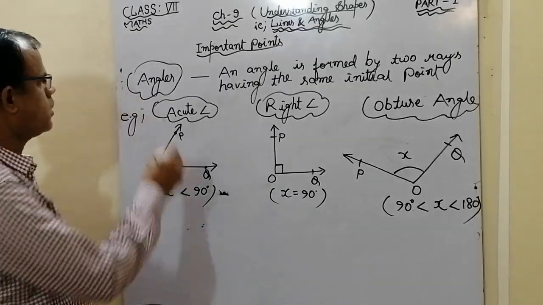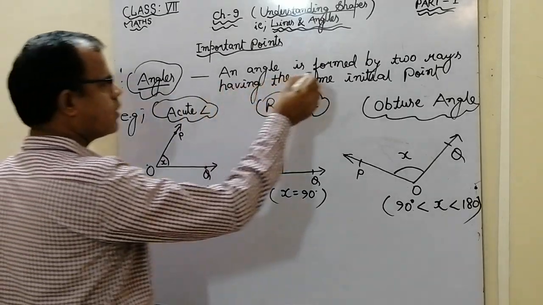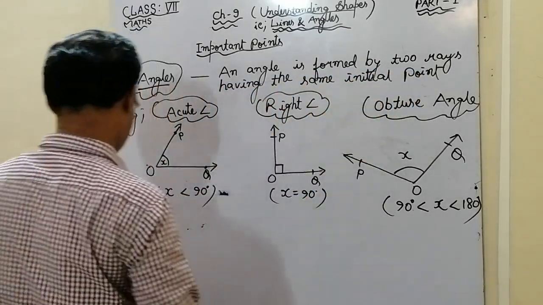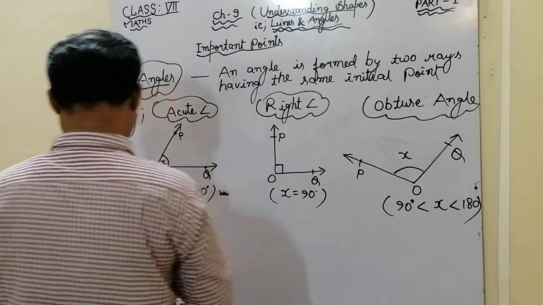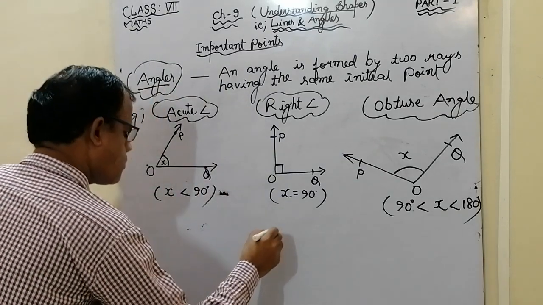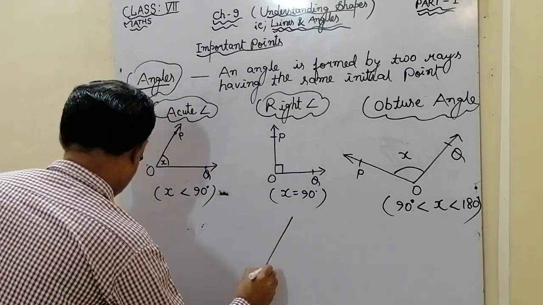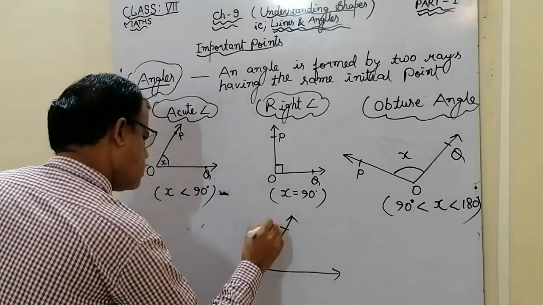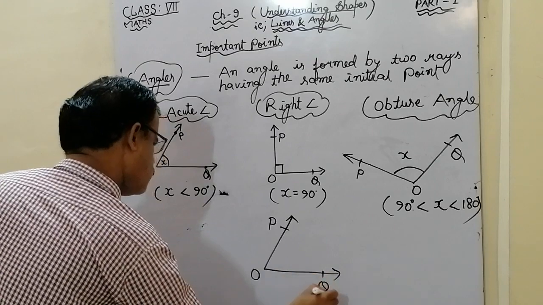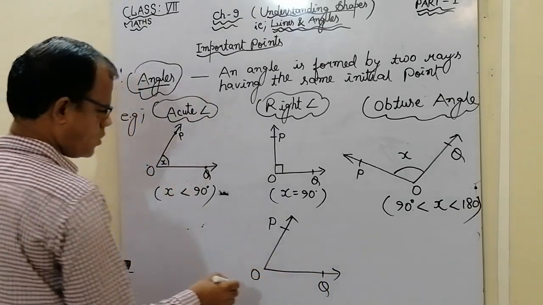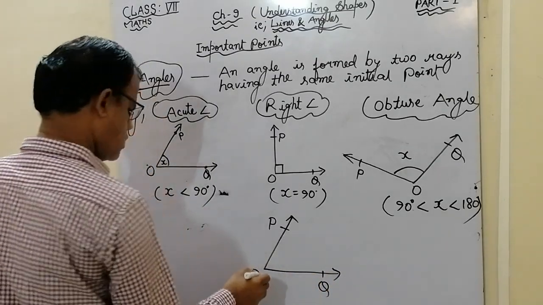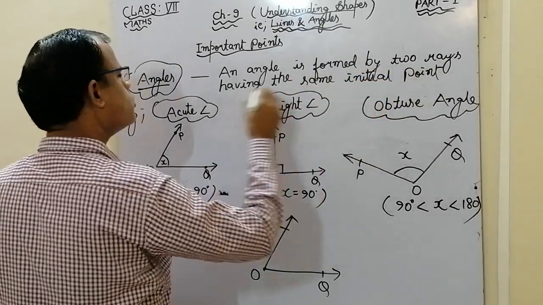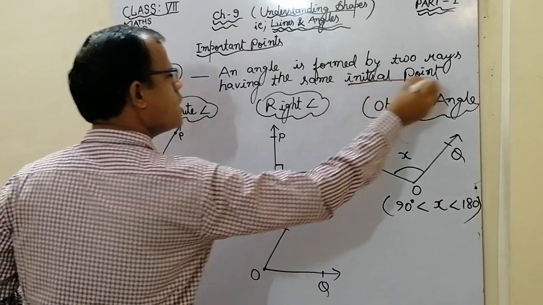Yes, student. Next, angles. An angle is formed by 2 rays having the same initial point. Let's take an example. Suppose this is angle EOQ. An angle is formed by 2 rays having the same initial point.